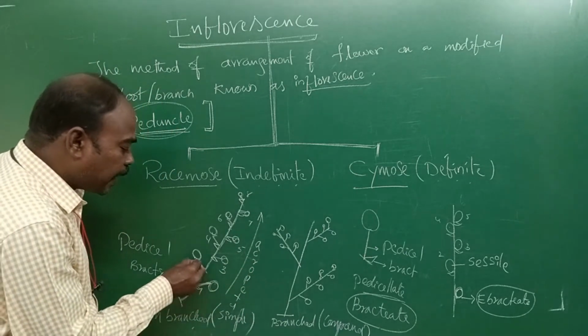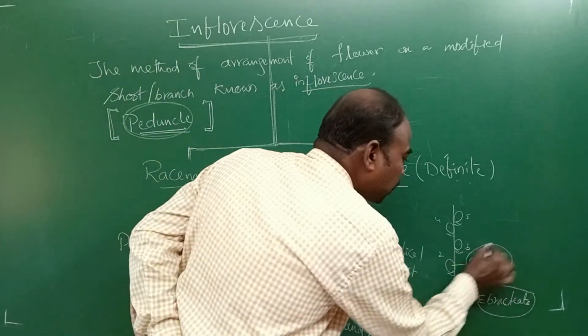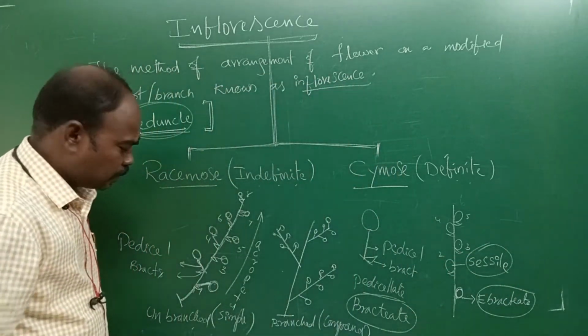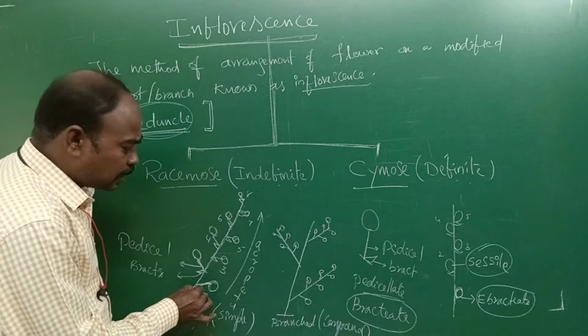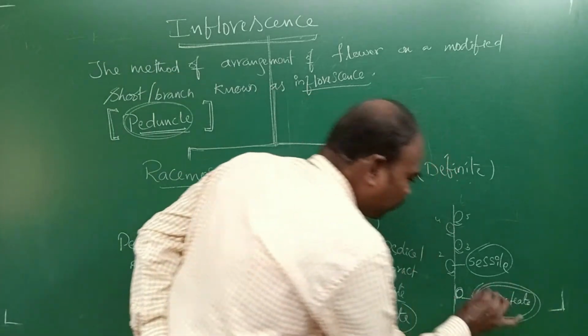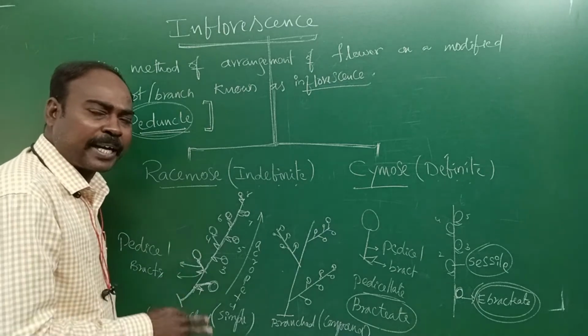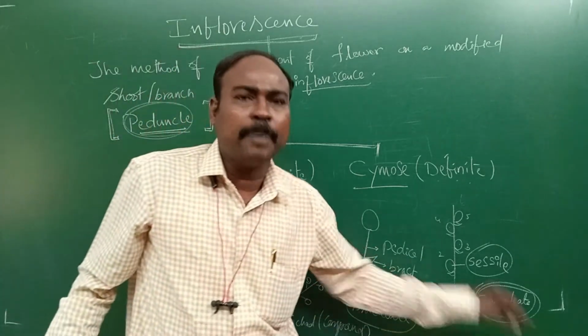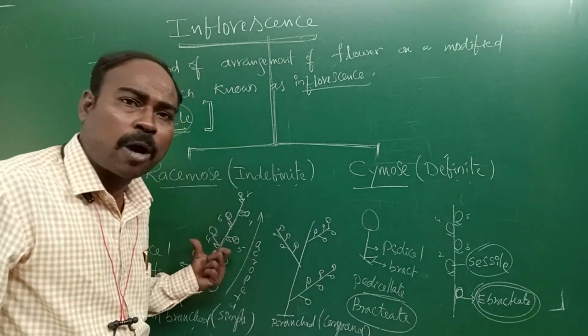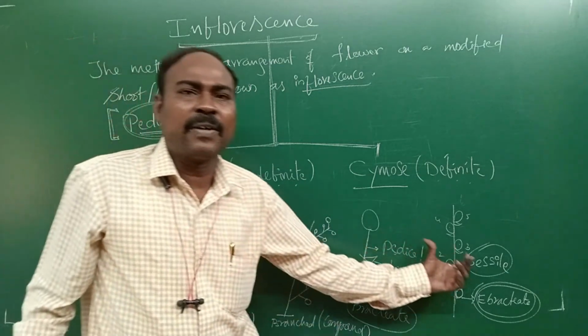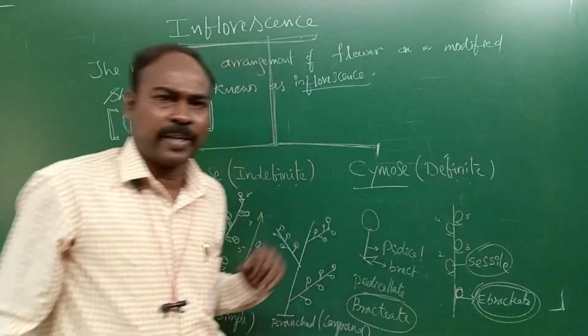So racemose means an indefinite peduncle which produces flowers from base to apex in an acropetal manner, on which pedicellate flowers or sessile flowers may be present, bracteate flowers or ebracteate flowers may be present. If a bract is present, bracteate. If the bract is absent, ebracteate. If a flower has a stalk, pedicellate flower. If a flower does not have a stalk, sessile flower.